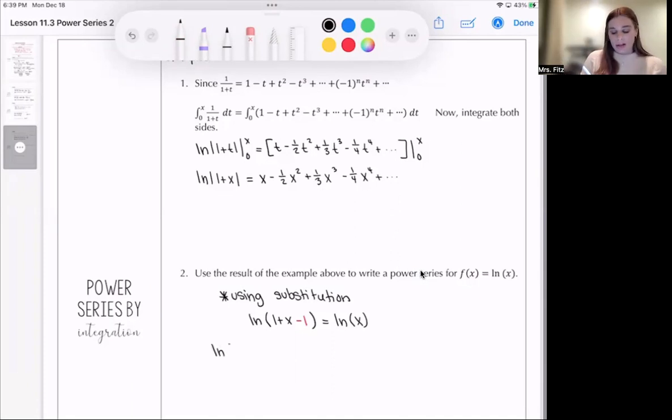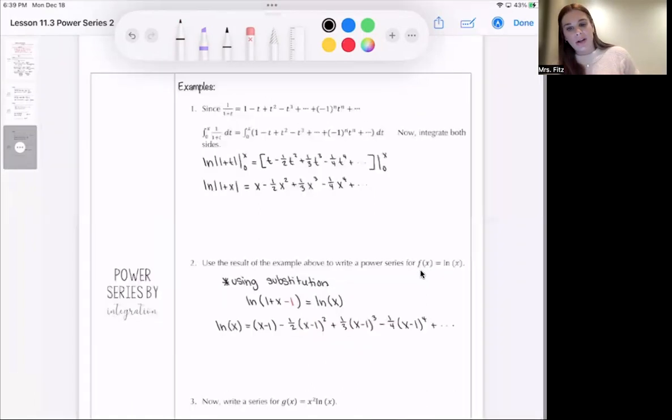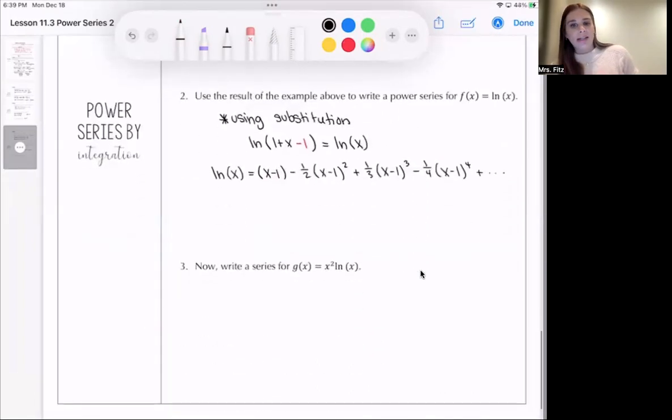So the natural log of x equals parentheses x minus 1 minus 1/2 times x minus 1 squared plus 1/3 times x minus 1 to the 3rd minus 1/4 times x minus 1 to the 4th plus dot dot dot. Okay, so not too bad. And so then we could also kind of extrapolate the last one.